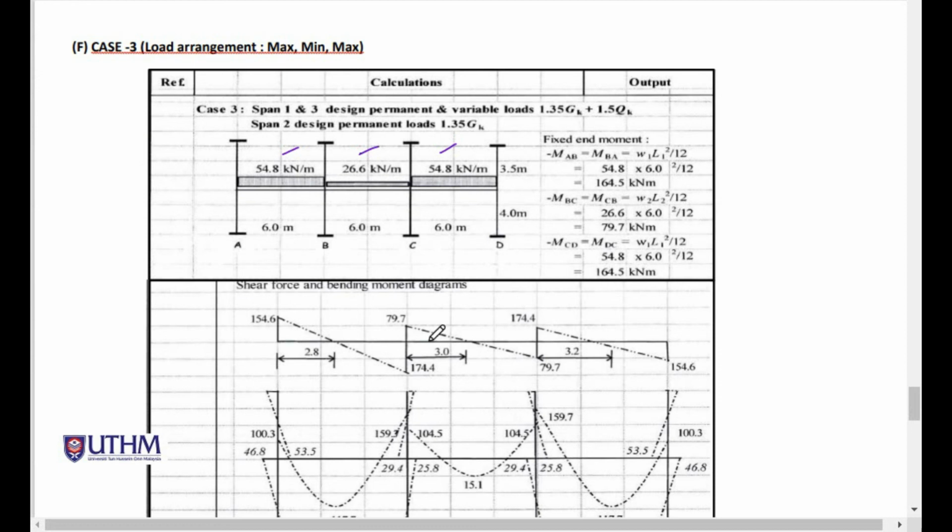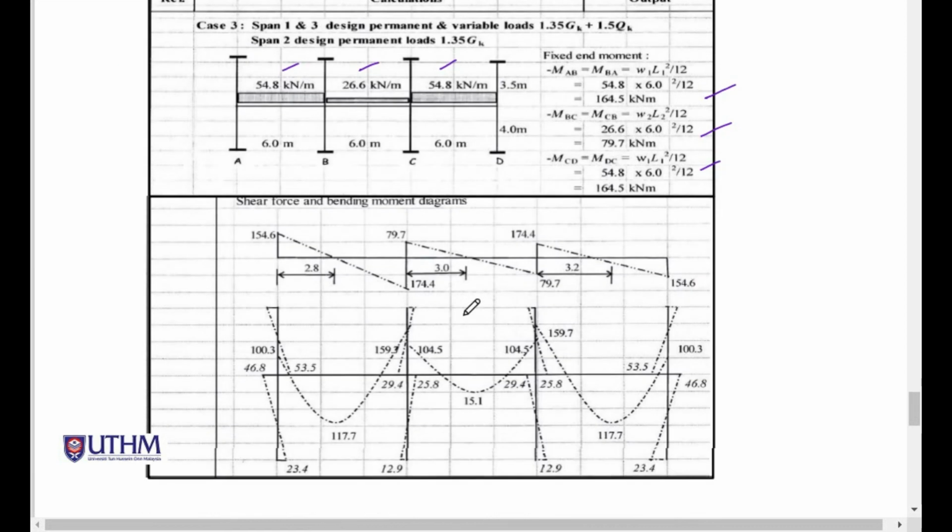Again, you need to calculate the fixed end moment for this combination case. Then using the same distribution factor, analyze this subframe using the moment distribution method, and you get the shear force diagram and bending moment diagram.